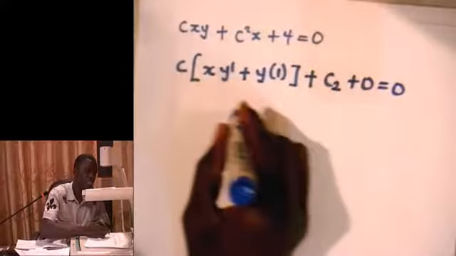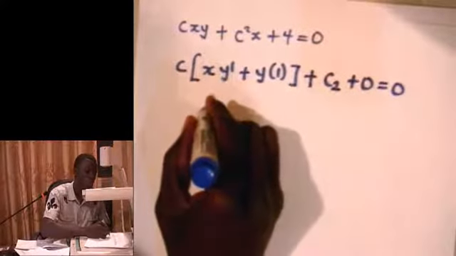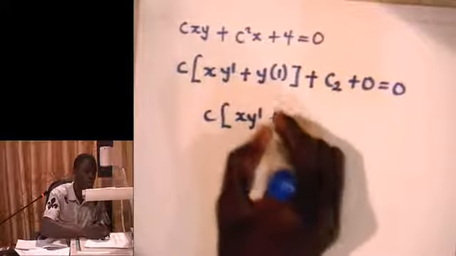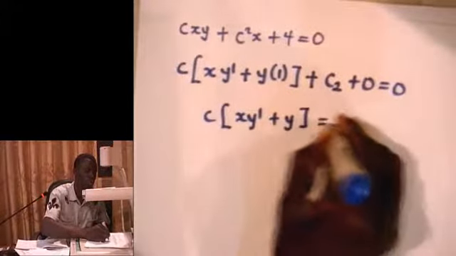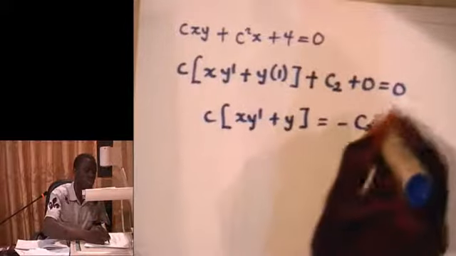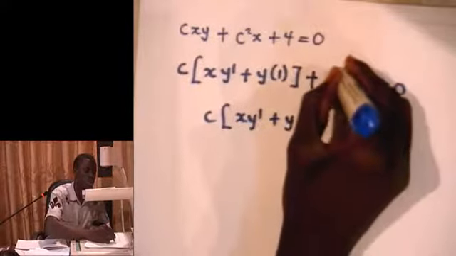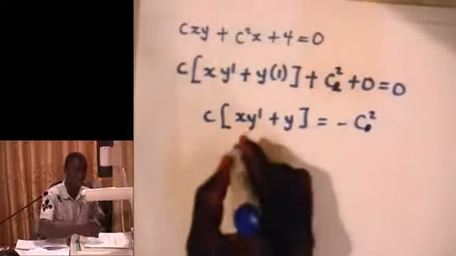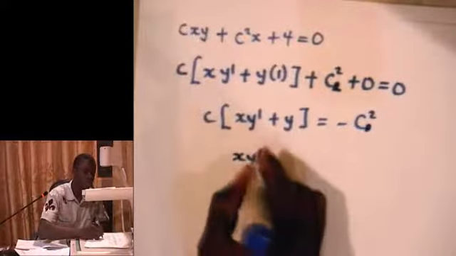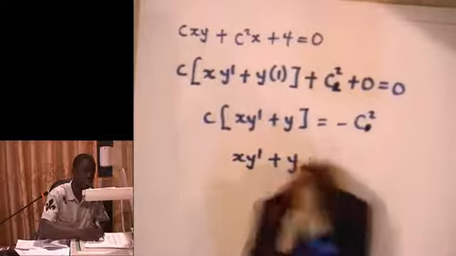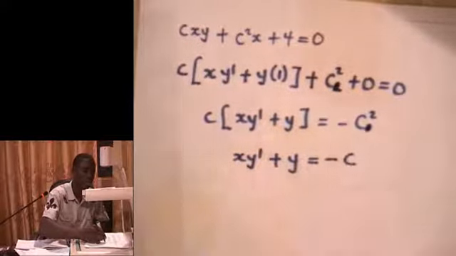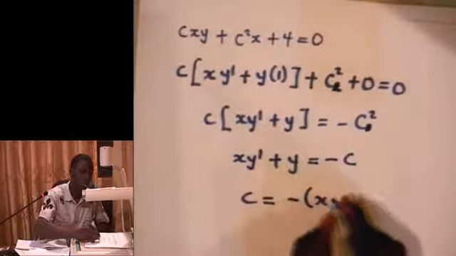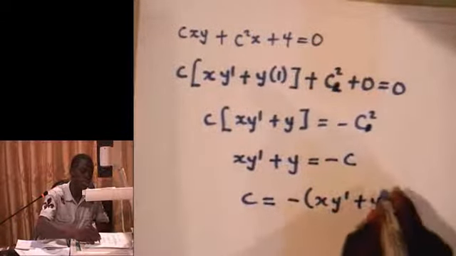So we have c(xy' plus y) equals minus c squared. Divide both sides by c: xy' plus y equals minus c. So c equals minus (xy' plus y).